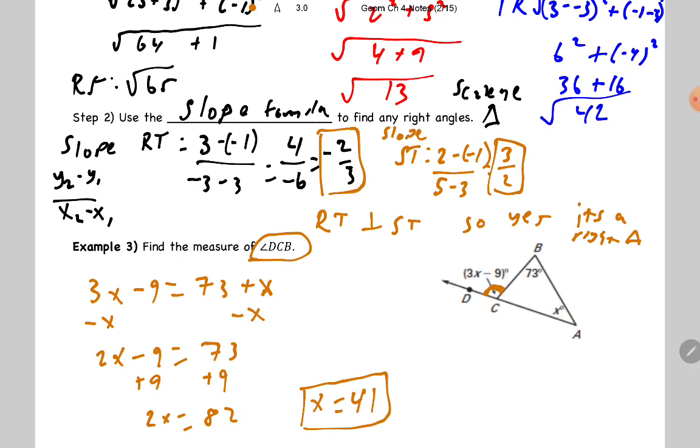We want the measure of angle DCB. So the measure of angle DCB is 3 times 41 minus 9. And that'll be 123 minus 9, so 114.